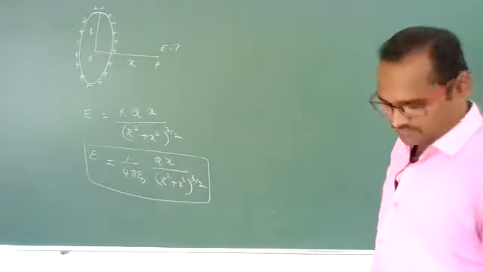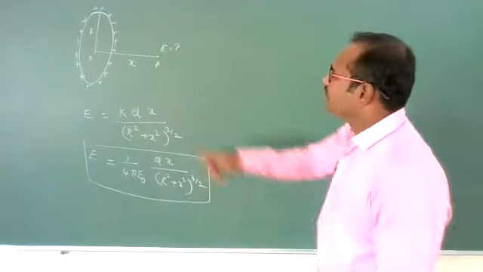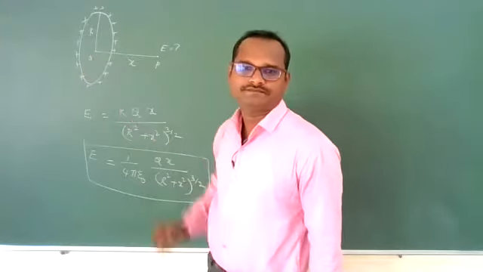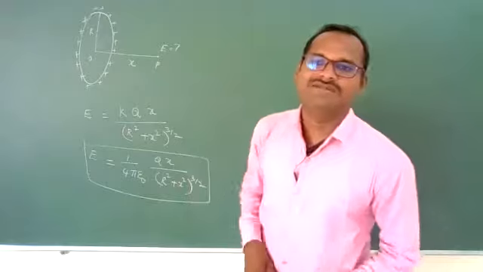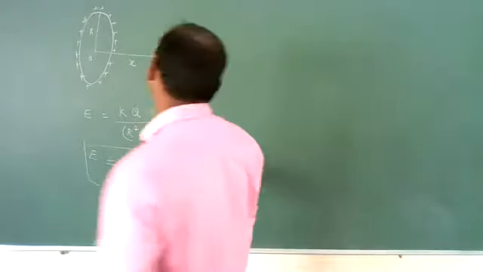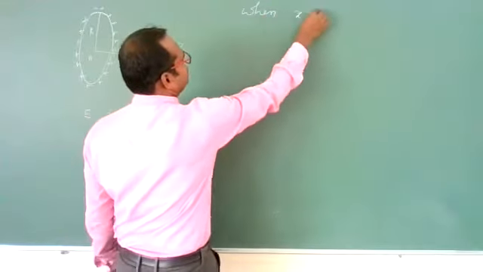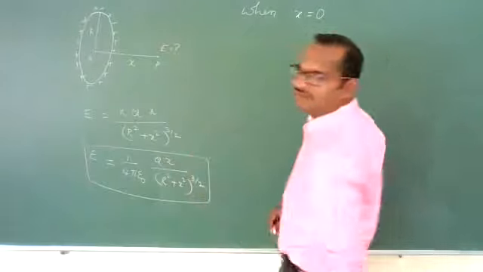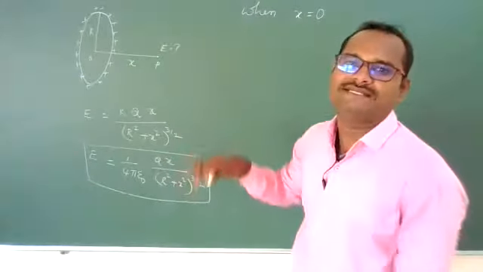Now let us suppose this point P is at the center. Due to the circular ring at the center, what will be the electric field? Let us find. When x is equal to 0, P is at the center.